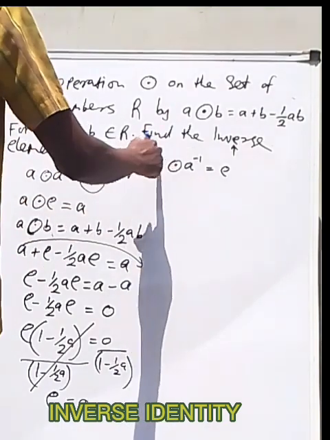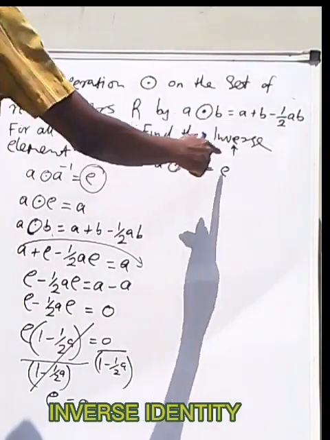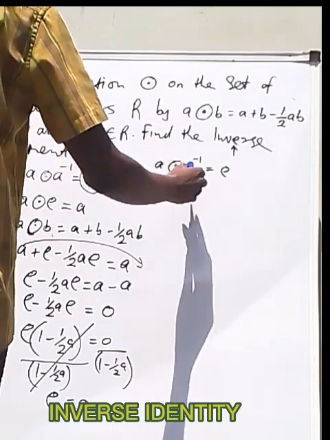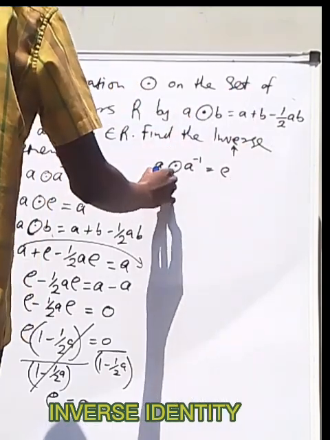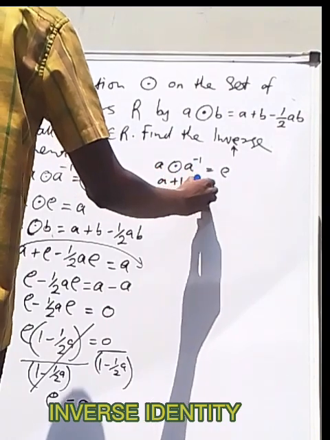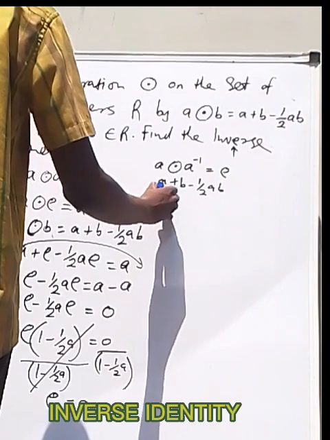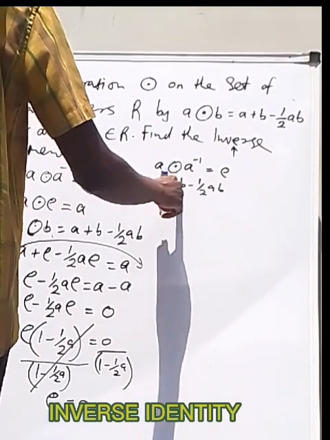So going by the instruction given, A will remain A but B will be replaced using inverse of A. So I will now have A plus B minus half AB according to the instruction.